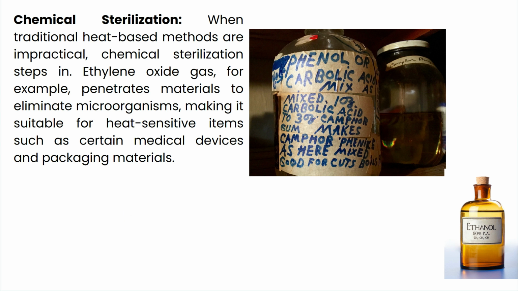Some of the examples are ethanol, phenol, carbolic acid mixtures, ethylene oxide, etc. And these chemicals penetrate into the pathogenic microorganisms and they kill them and prevent their growth and multiplication. The majority of medical devices and packaging material follow the chemical sterilization process. When the component or the product is heat sensitive, the chemical sterilization process is practiced.